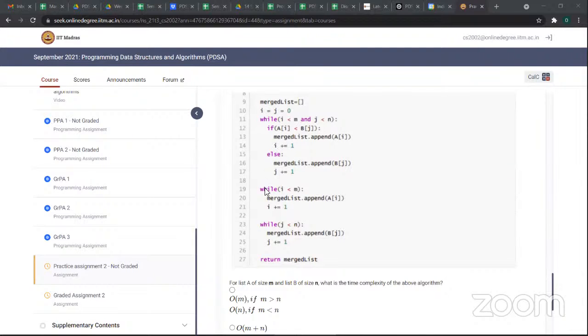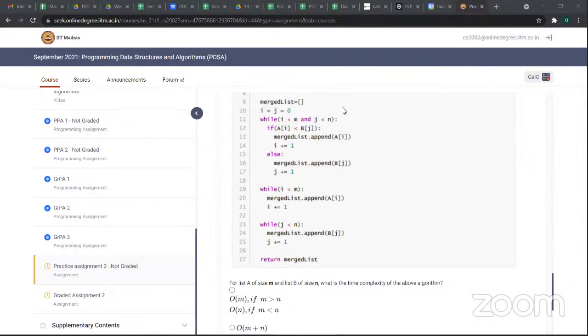Then move to the next while, which starts at line number 19. That is m. So whatever was there for line number 11 plus m. And for the third while it will be n.